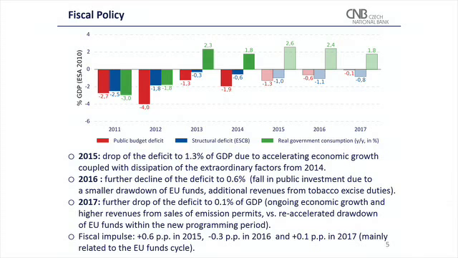First, the accelerating economic growth this year, which is really very robust, and at the same time, dissipation of some one-off effects which increased the deficit last year. However, looking at the structural budget deficit, we actually expect some easing from minus 0.6% of GDP last year to minus 1% this year.